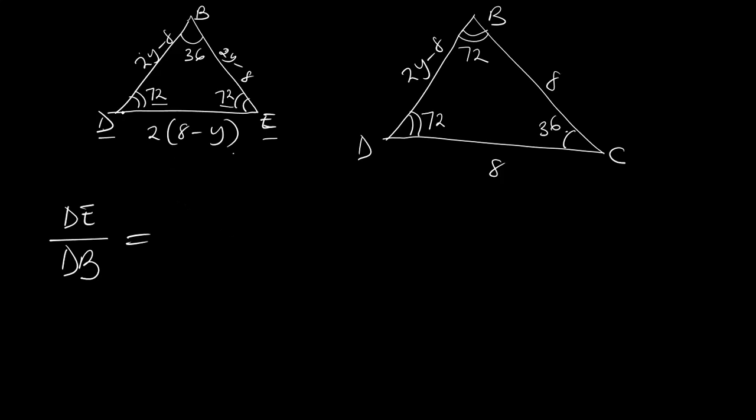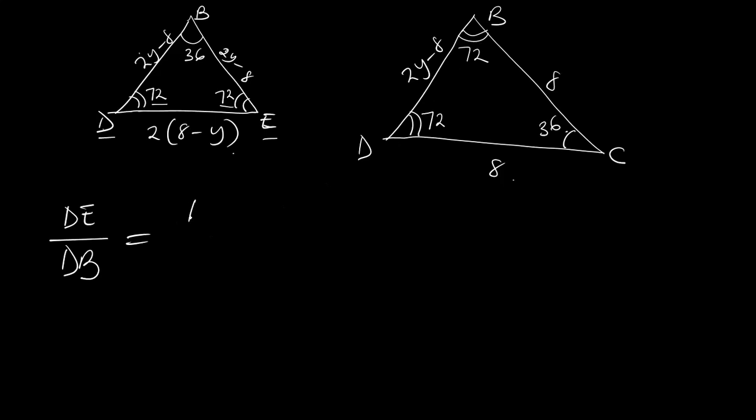On this triangle, you have this side which is adjacent to the two 72 angles, which is DE. Now we will have a similar side in this other triangle that is adjacent to these two angles, and the side that is adjacent to these two angles is DB.